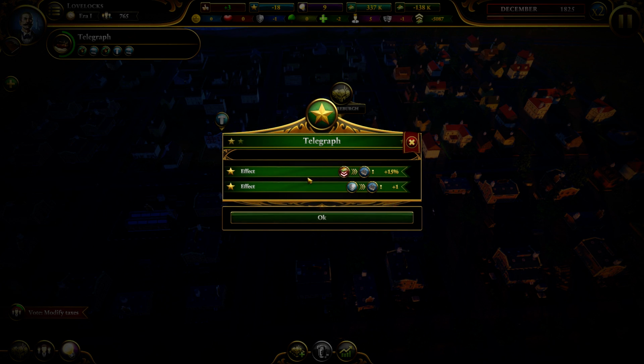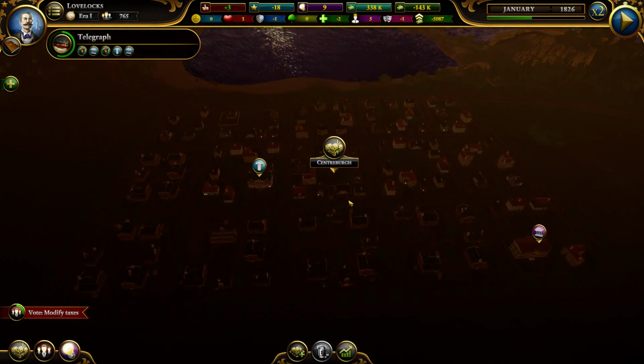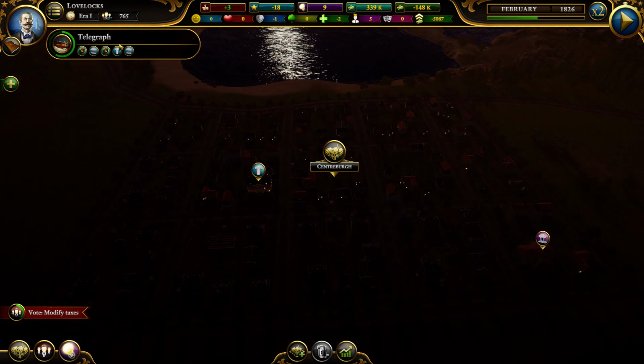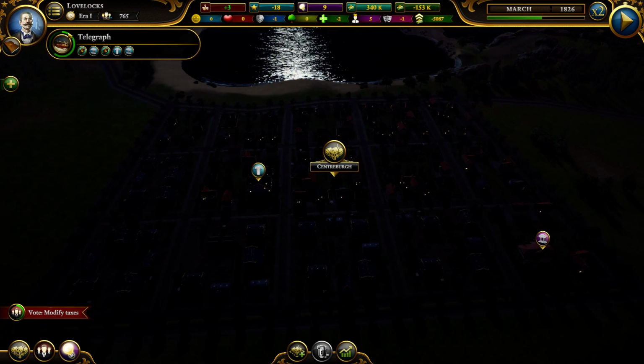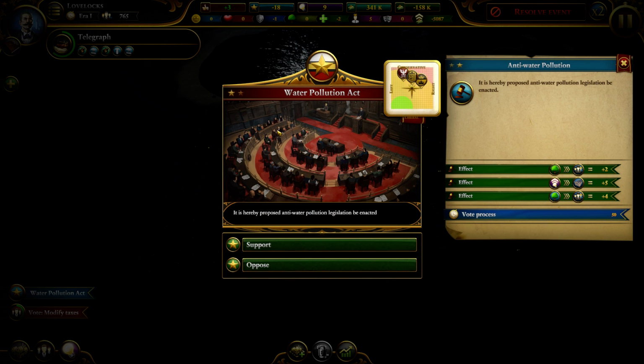So municipal usage. Change in monthly city funds. The post office, I guess. Plus 50% bonus to security. Post office +1, okay. We're working on the telegraph here. I feel like all I'm doing is increasing taxes.